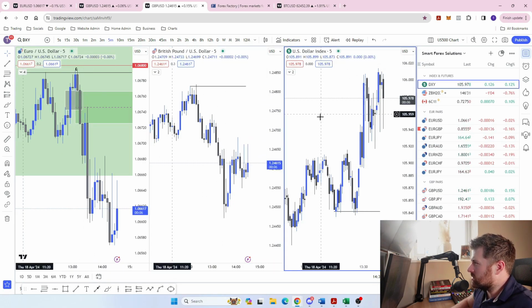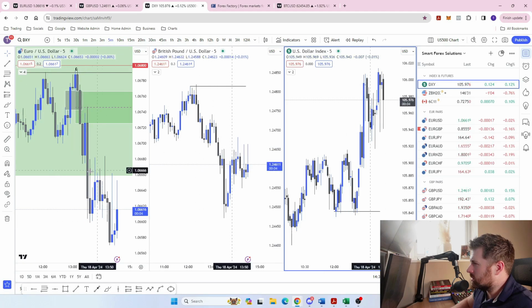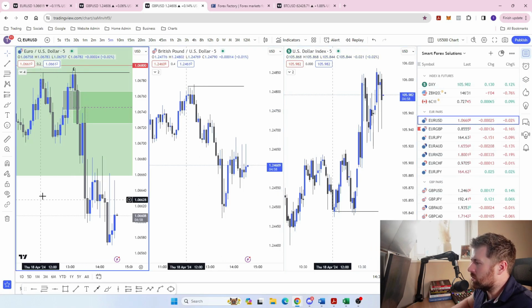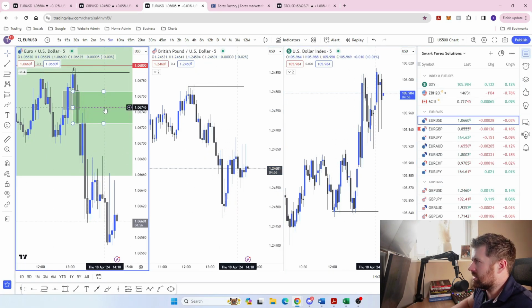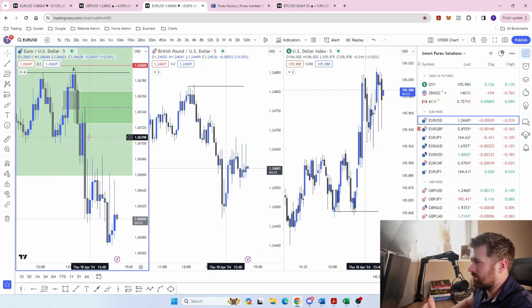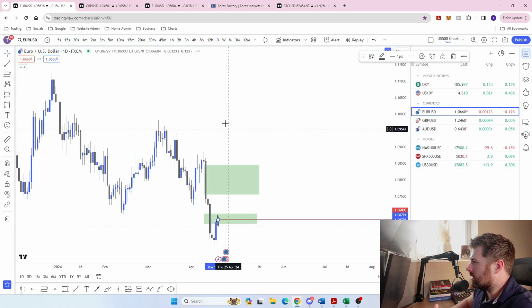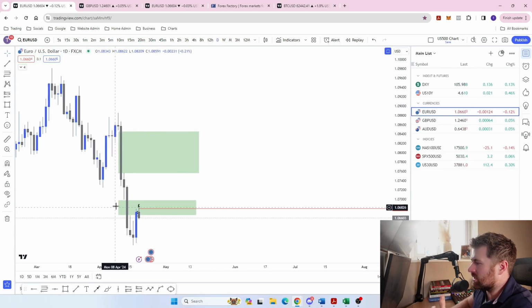So pound and dollar are not willing to do the same as what euro is doing. There's a cracking correlation. Therefore, supporting the idea of lower price action. Therefore, supporting the idea of price reacting from a higher time frame point of interest on euro.